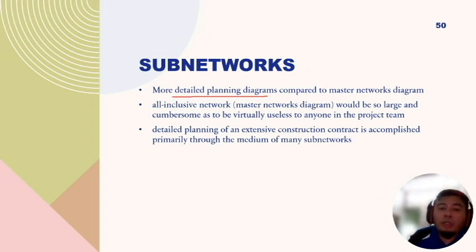An all-inclusive network, which is mentioned in the diagram, will be so large and cumbersome, with too many details, as to be virtually useless. It becomes useless to anyone in the project team because it is too big, and most of the sections don't involve a certain part of the people.